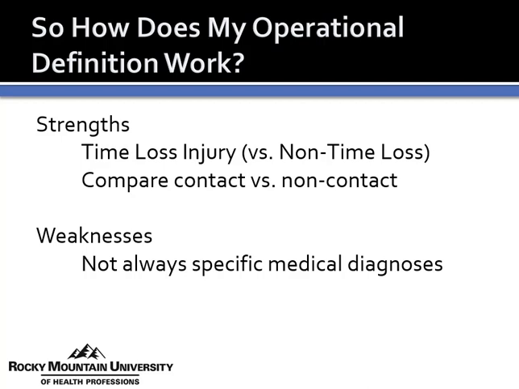Now, what's a potential weakness of my operational definition? Well, there wasn't always a specific medical diagnosis. I would have the athletic training staff collect injury information for my studies.